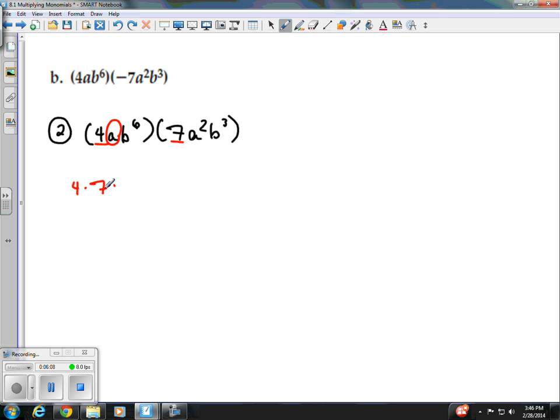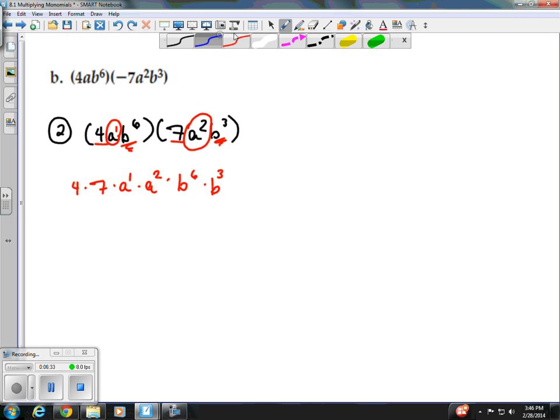I have an a here, and it's just an a by itself, so that means it's technically a to the first power because there's one of them. Times, and then I look for another, a squared. And then I have a b to the 6th and a b to the 3rd.